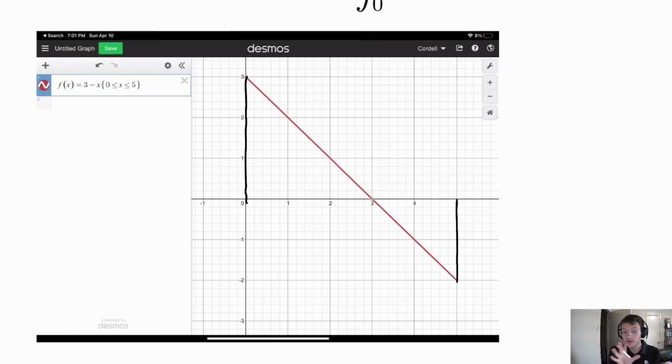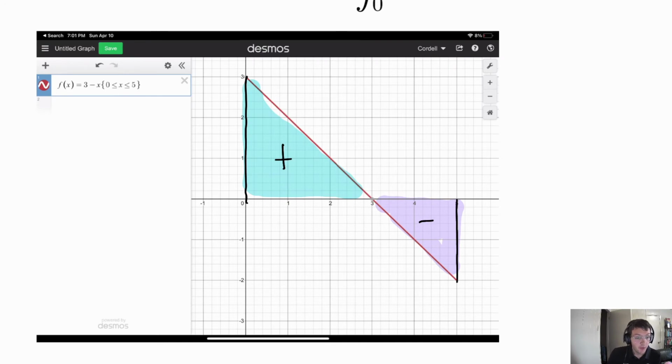Notice we have two different parts of this curve. One part is above the x-axis, so we have positive area. And one part is below the x-axis, so we have negative area.